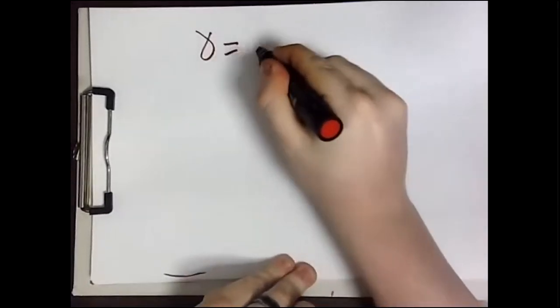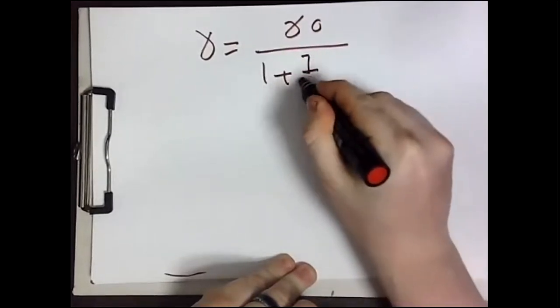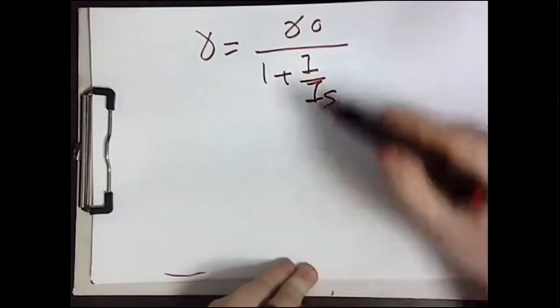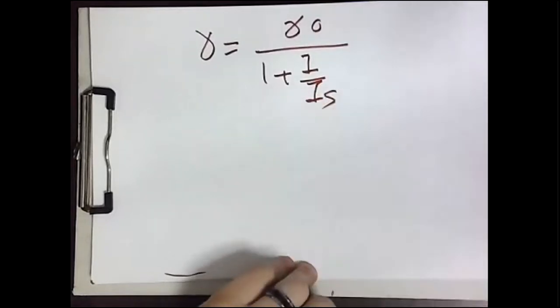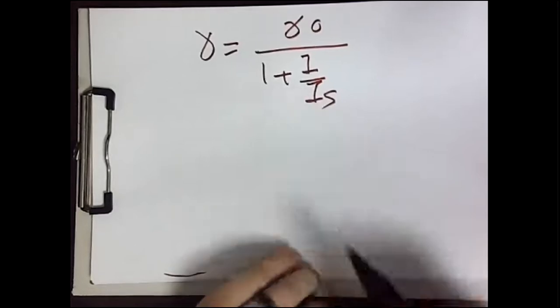After solving these two differential equations, we have concluded this equation for the gain. Let me rewrite this equation again, because it is very important: gamma equals gamma naught over (1 plus I over I_s). Gamma naught and I_s are constants, so it's a relation between gamma and I, where I is the intensity.